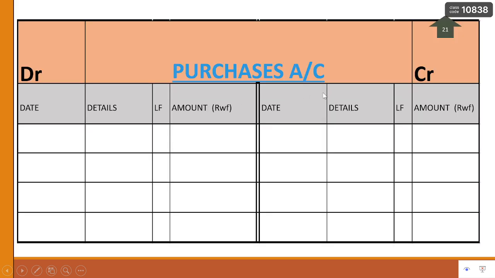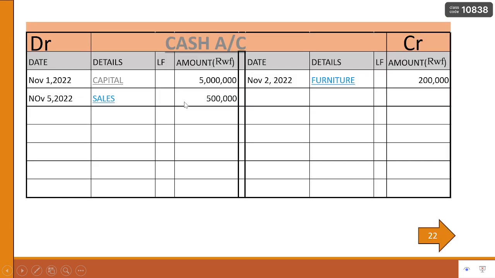We go to the purchases account, we debit the purchases and credit cash with 700,000. Remember, the same amount has to be reflected in two accounts.